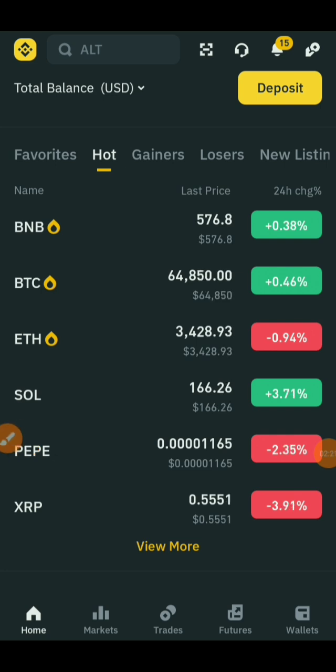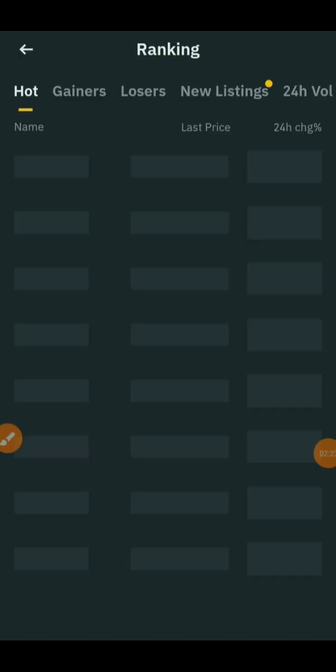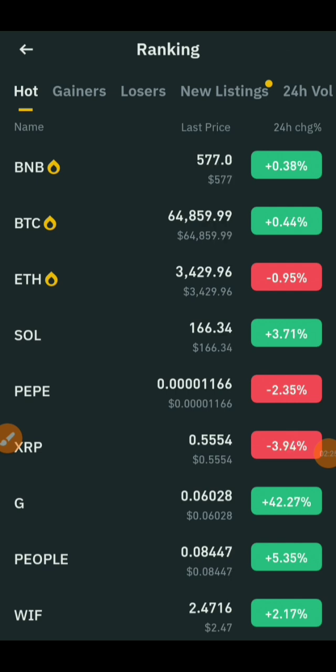The hot comprises coins, crypto assets or tokens that are trending and being traded at a high liquidity, because you would want to trade on a coin that has high liquidity. Liquidity simply means the amount of transactions a coin has in a particular time.